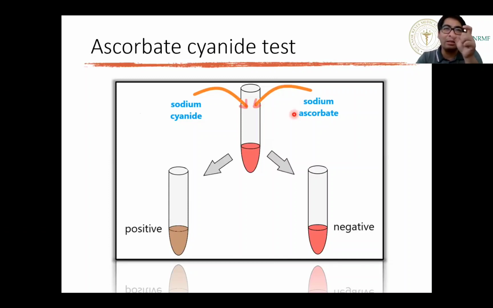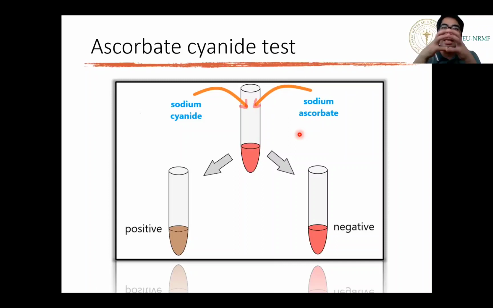Now, there is another enzyme that transforms the hydrogen peroxide formed after adding sodium ascorbate into water and oxygen. This time, it is not part of the hexose monophosphate pathway, and that is catalase. Catalase is not part of the hexose monophosphate pathway, but it helps in reducing hydrogen peroxide to water and oxygen within the red cells.